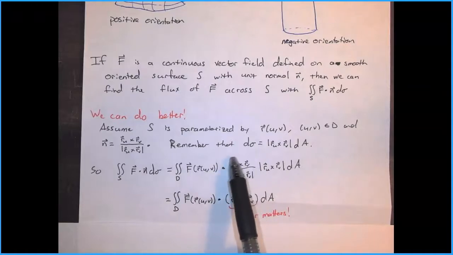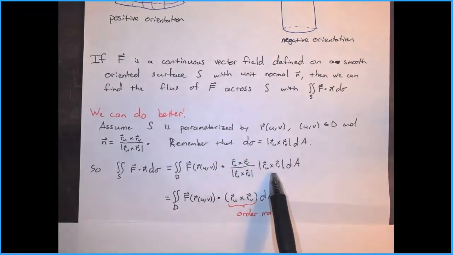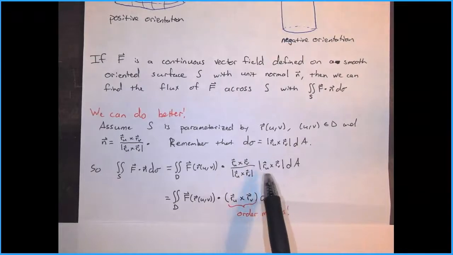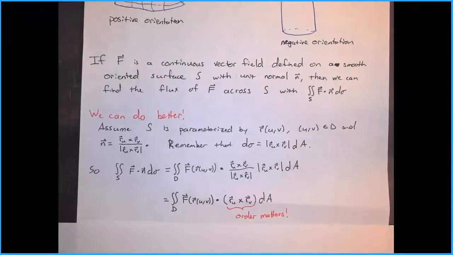Here's my normal. It's the cross product divided by its magnitude. But then I'm multiplying by the magnitude, because that's part of d sigma. So these magnitudes are going to cancel out. So when we do surface integrals of vector fields, you don't ever have to compute this magnitude. All you have to do is compute the cross product, dot it with the parameterization plugged into your vector field, and you just compute this dot product.